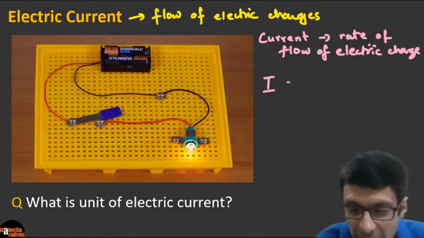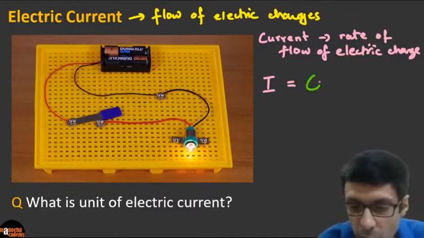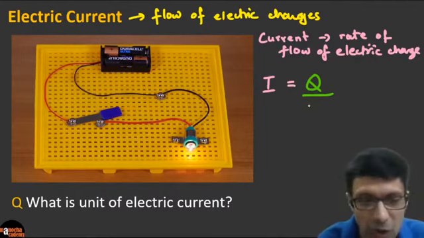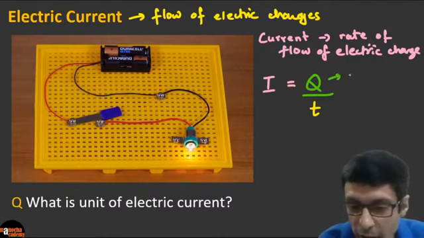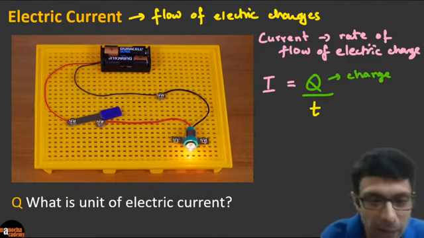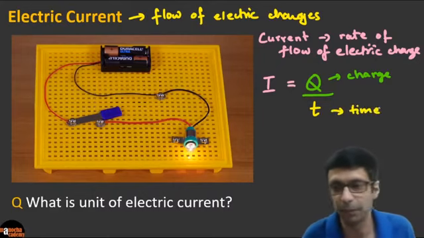So I is equal to, and Q is used for charge, so the symbol of charge is Q. So let's write that down. I is equal to Q divided by time, where Q is charge, because it's the rate of flow of charge, and rate means divided by time. So this is your formula of current, right, guys?